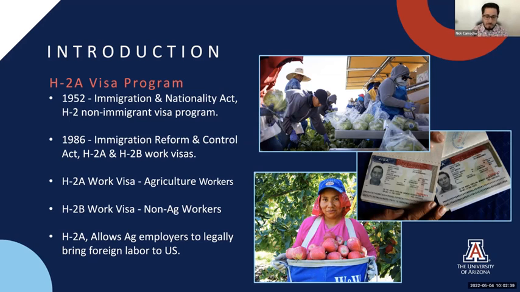Today, the H2A program continues to be in high demand and is the best source of legal and reliable farm labor in the United States. Some quick history: in 1952, the Immigration and Nationality Act was established, and then in '86 it split into H2A and H2B. So H2A is agriculture and B is non-agriculture.